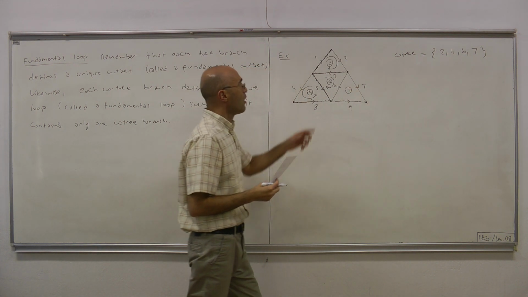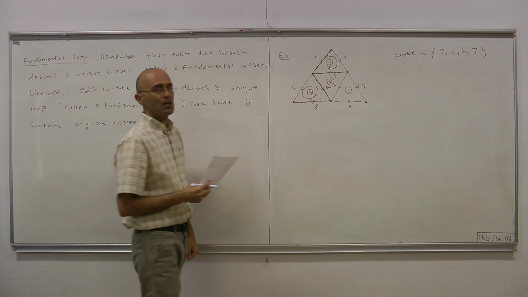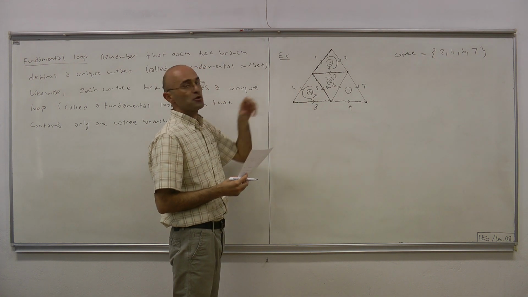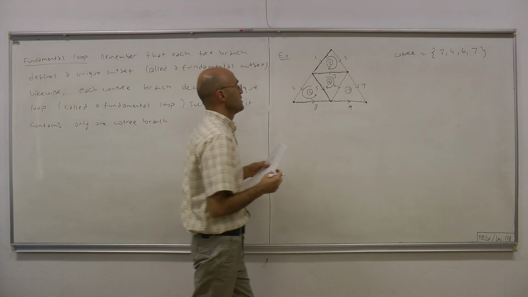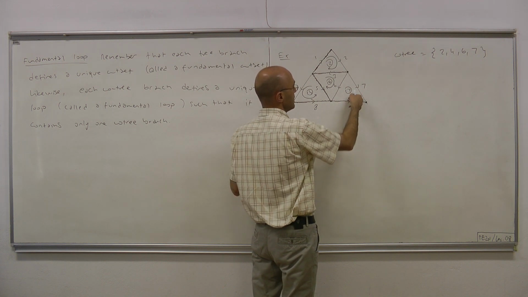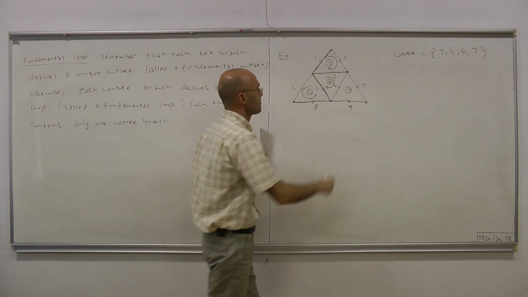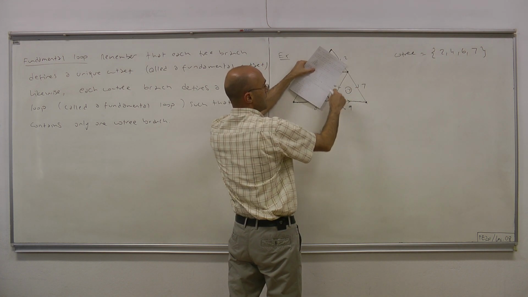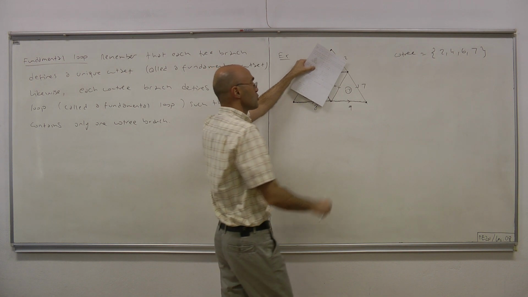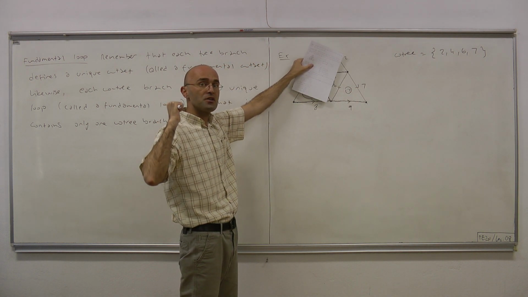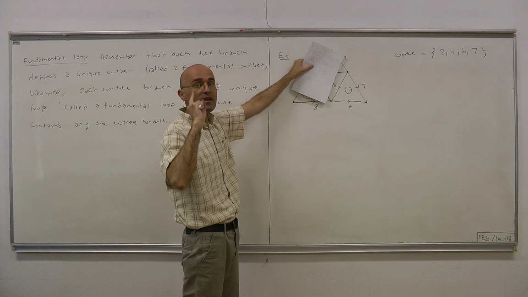Incidentally, all those loops, the loops for 2, 4, and 6, were also inner meshes, but that's not the case for the last fundamental loop, the one determined by 7. Note that you can consider 7, 9, and 6 as a loop, but that's not a fundamental loop because it contains 2 cotree branches. The constraint is that it must contain only one cotree branch.